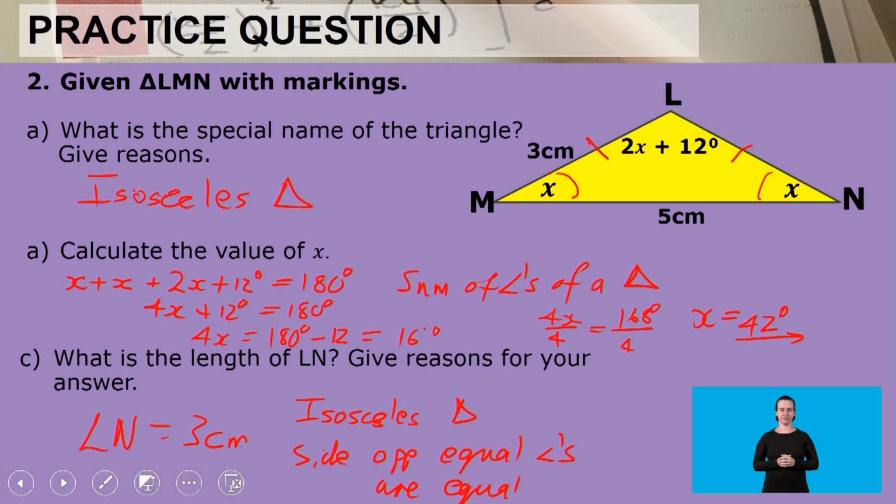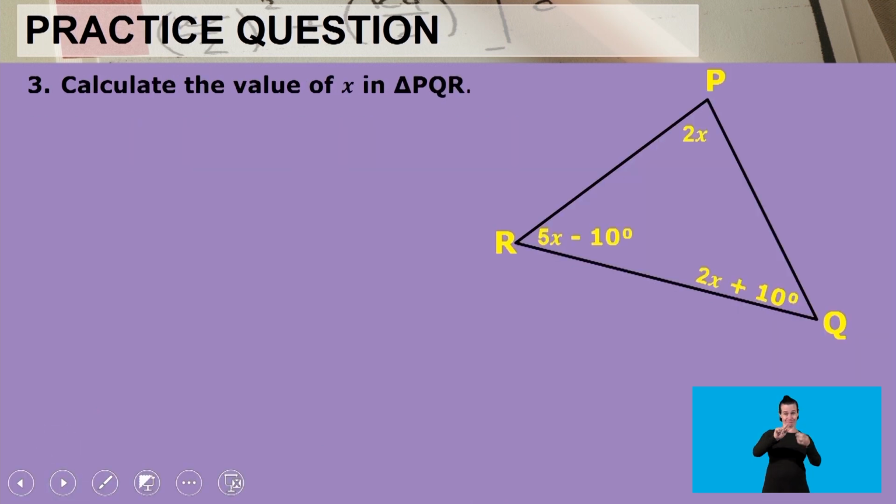Okay, let's then look at the next one. Calculate the value of x in triangle PQR. Again, we know that angles of a triangle equal 180. So we know that angle P plus angle Q plus angle R equals 180 degrees.